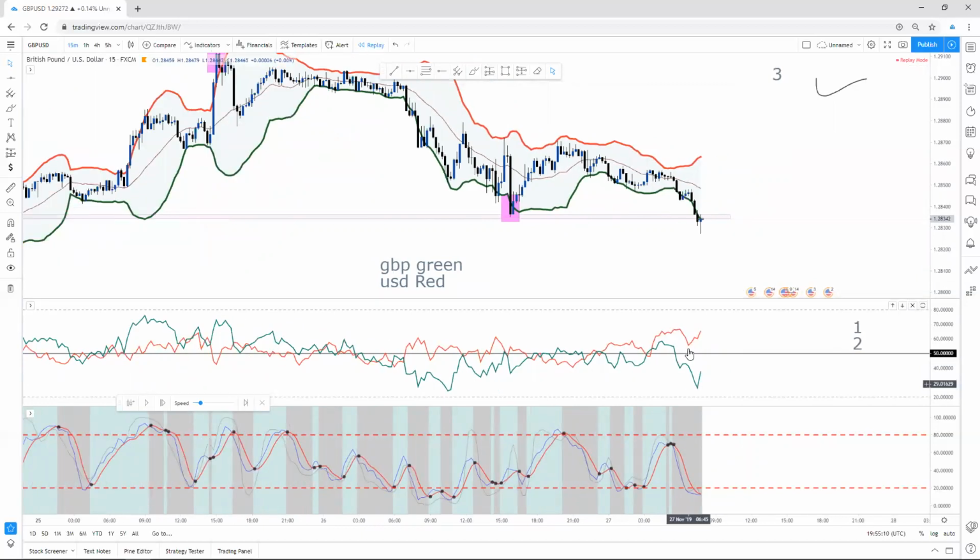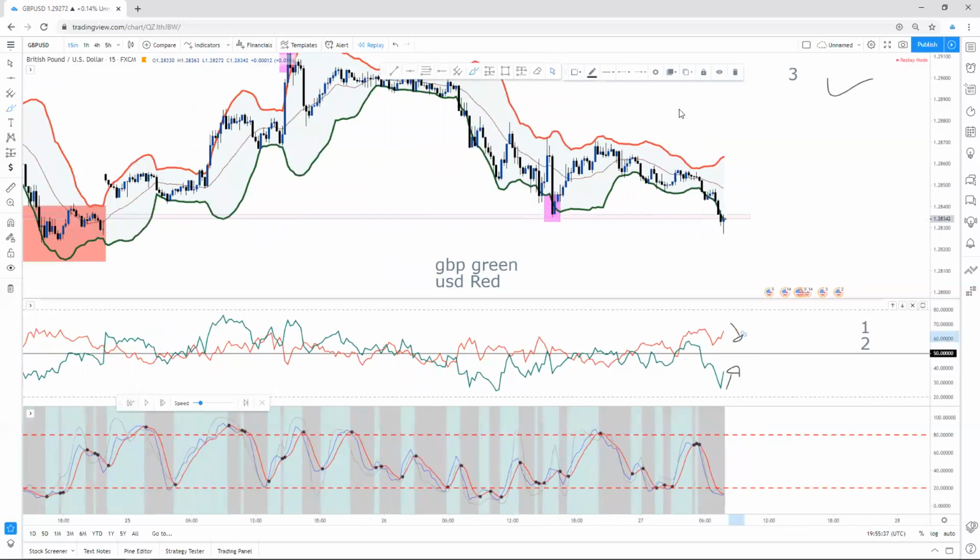At this moment, what are we looking for? We're looking to see GBP, which is the green line, facing up, right? And we need the red, which is US dollar, to face down.